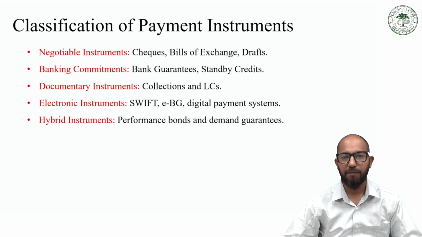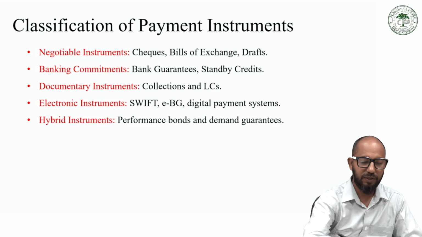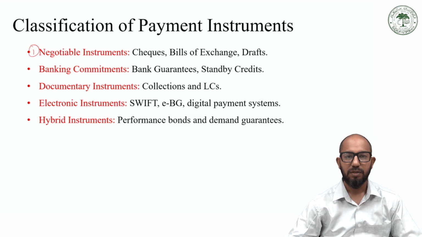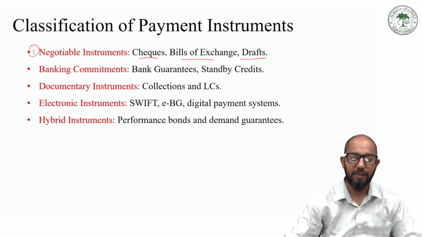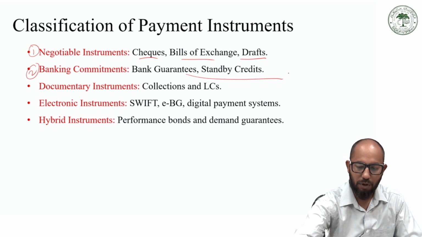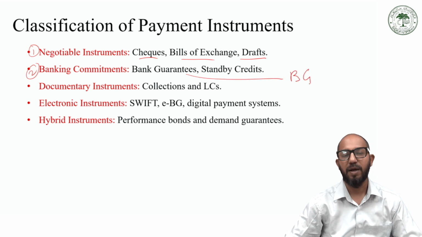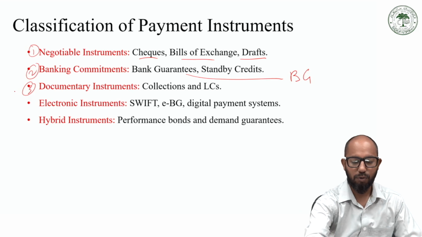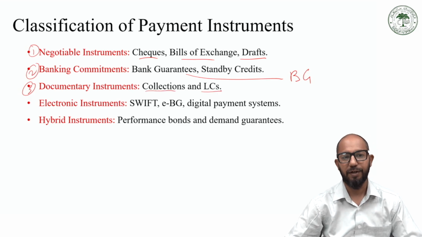There are different types of payment instruments that are being used in international trade. The first classification is negotiable instruments. These include checks, bills of exchange and drafts. The second type is banking commitments like bank guarantee, in short known as BG, standby credits, etc. The third classification type is documentary instruments such as documentary collections and letters of credit.